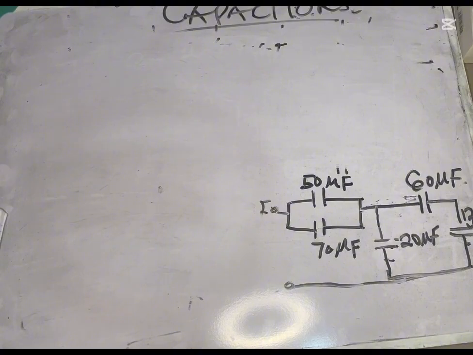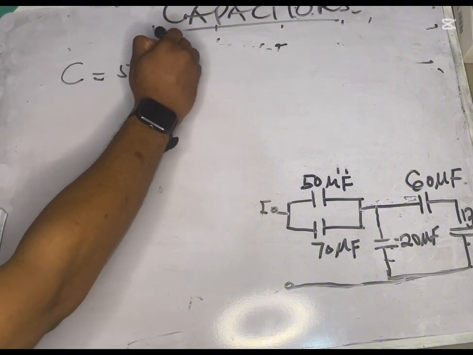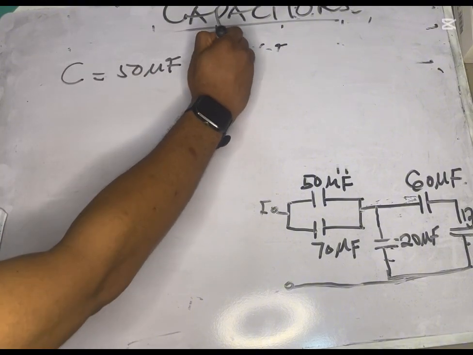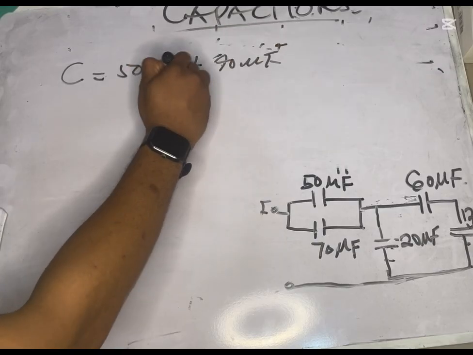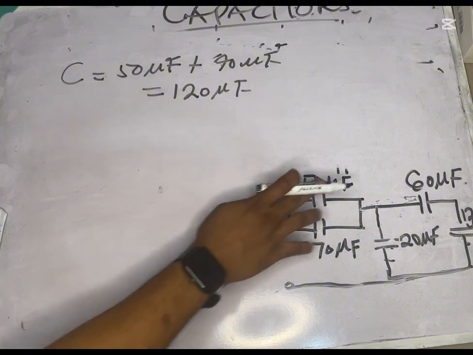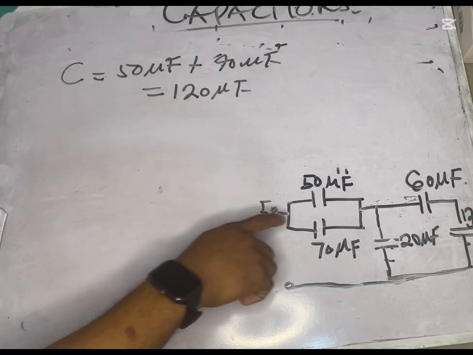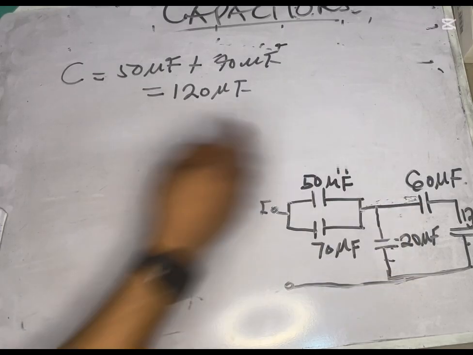The first thing is to resolve these two that are in parallel. So C will be equal to 50 microfarad plus 70 microfarad, so we'll be having 120 microfarad. When we have resolved this, we will now have this one and this one in series.